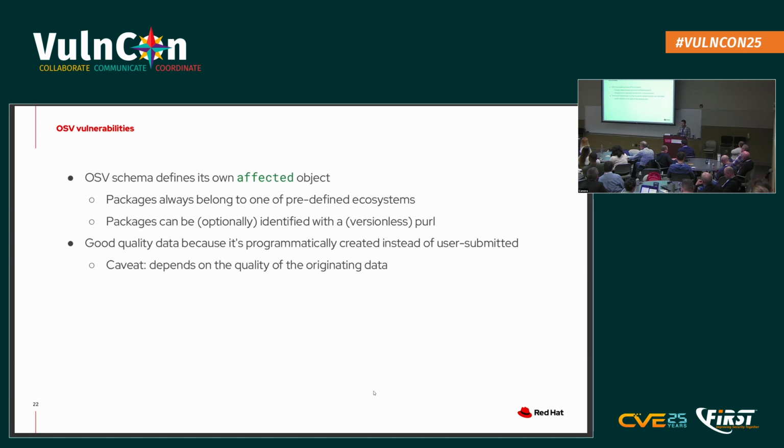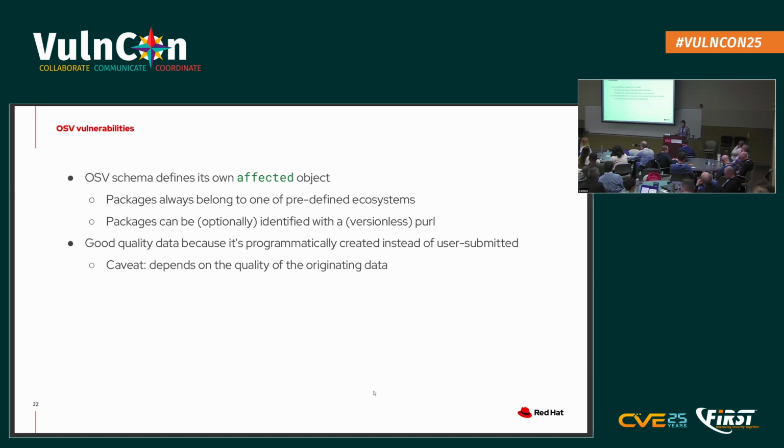The OSV schema gives you a way to represent vulnerable ranges as well. It has its own affected object that defines the identity of the package that is affected. And it does support PURL. It has an optional attribute for specifying the PURL of a given component.